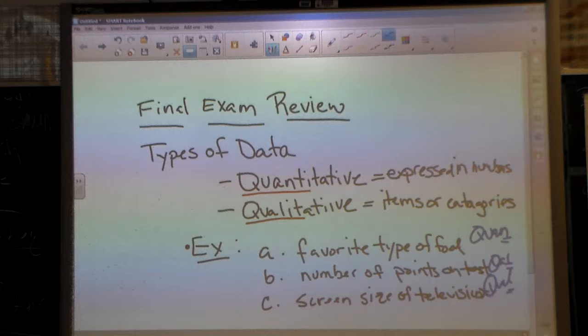So you'll have A, B, C, and D, and they'll be listed. It might say quantitative, qualitative, qualitative for A, then quantitative, quantitative, qualitative for B. And then whatever the combination is, you have to choose which combination was the right combination based on A, B, and C. Make sense?